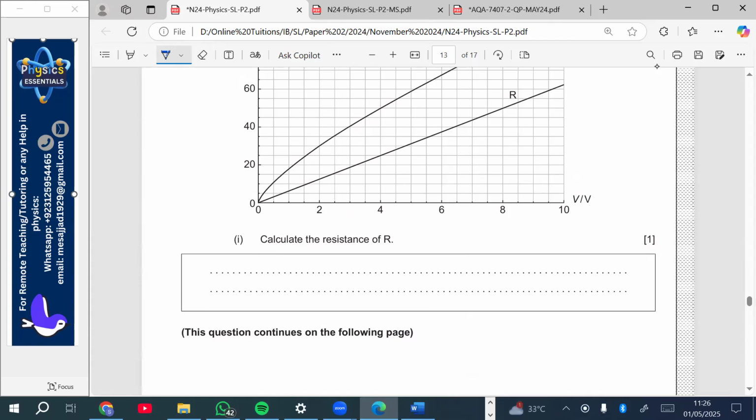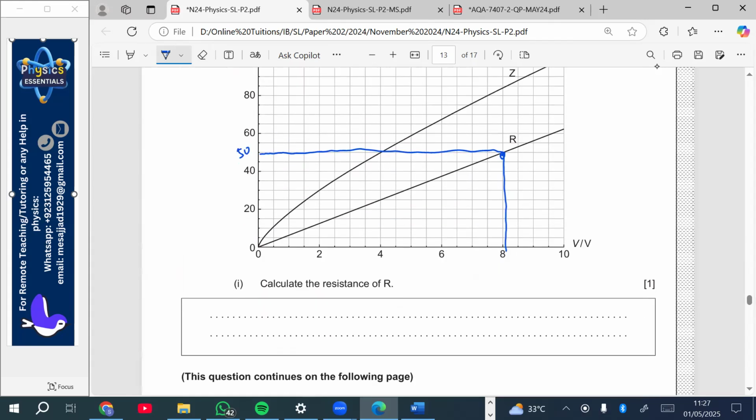Let's take this point and this one. This is 50 milliamperes, and this is volts.